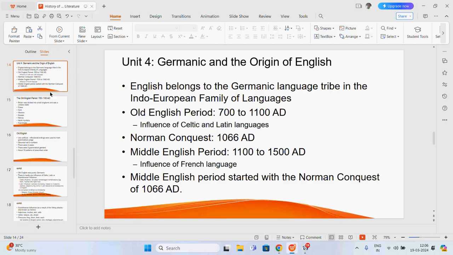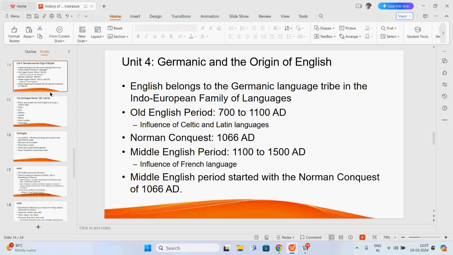Now from your SLM, take out relevant units, relevant passages that discuss the origin of the English language and trace the development of the English language up to the modern period, and write different paragraphs on each one of the topics. This will give you a good 6 to 7 page answer, which you can use to write an excellent answer on either the origin of English, on the development of English, on a combined question on the origin and development of the English language, or on specific periods of English.